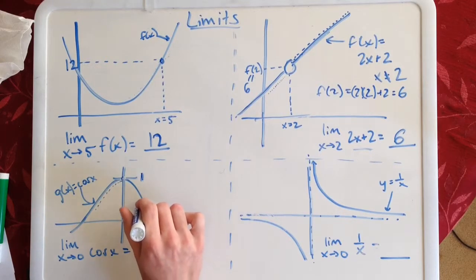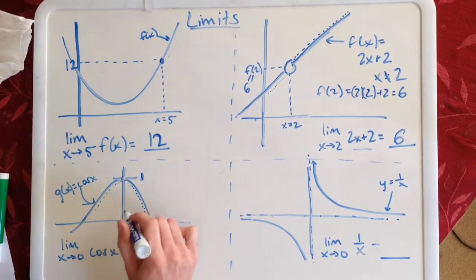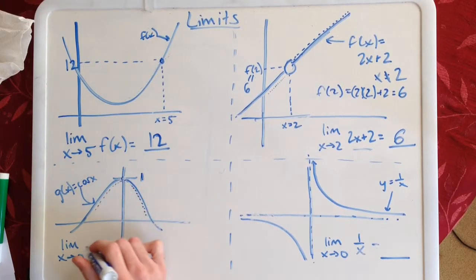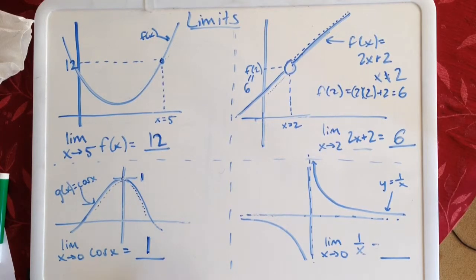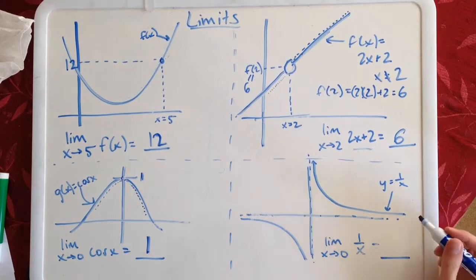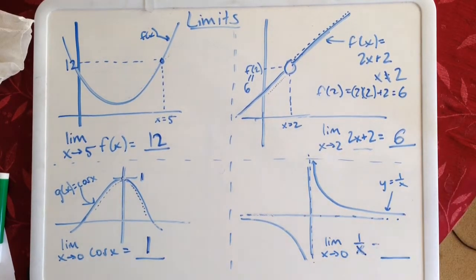And then as I approach from the positive direction, same thing. As I get closer and closer to 0, y approaches 1. So since it approaches 1 from both directions, I can say the limit as x approaches 0 of cosine x equals 1.